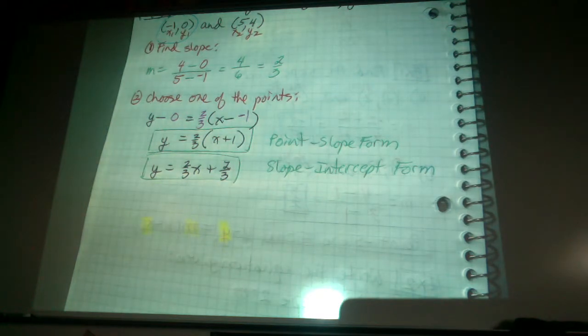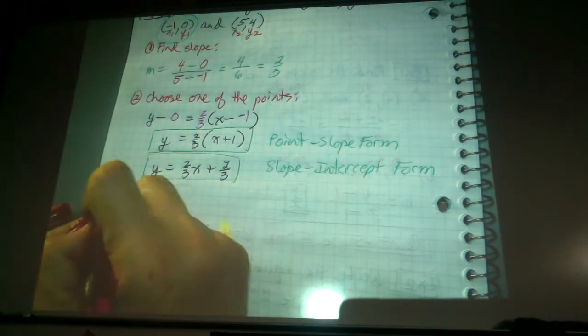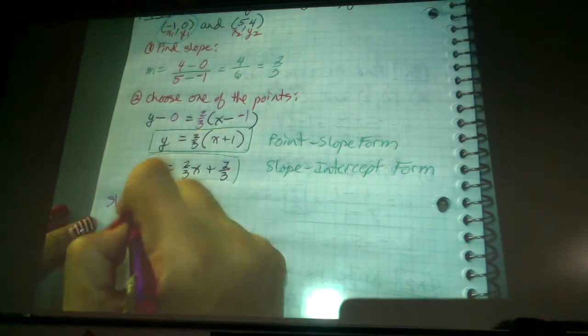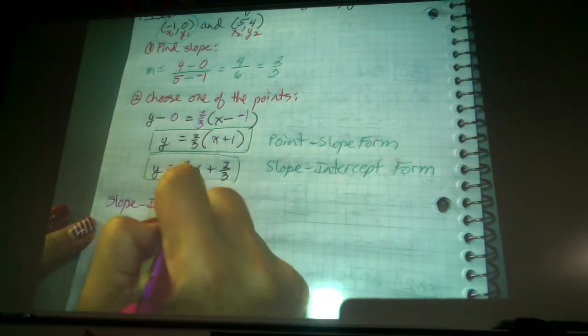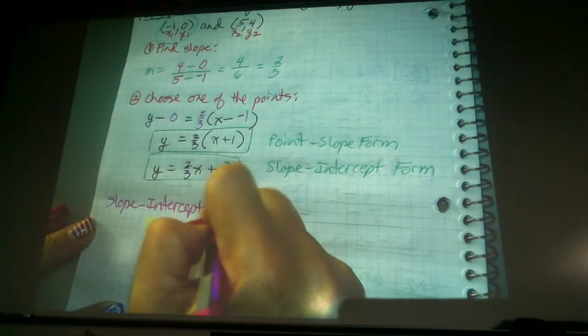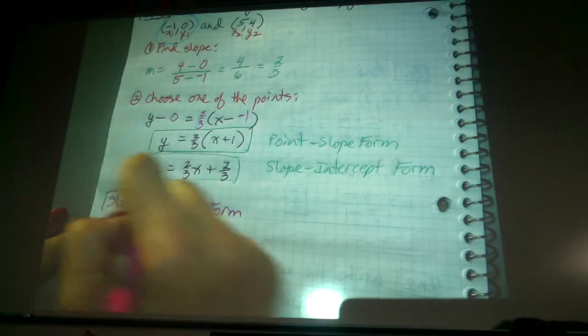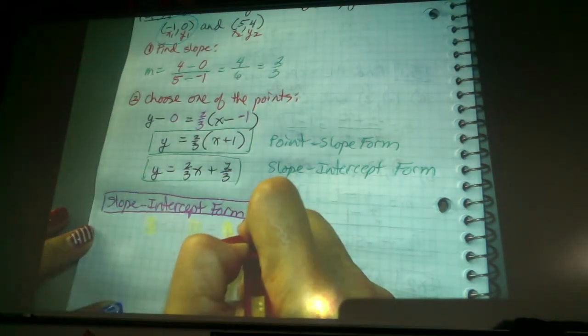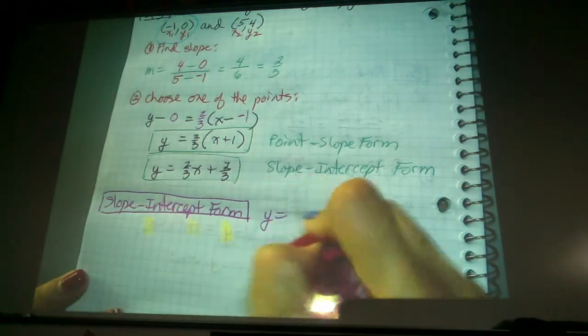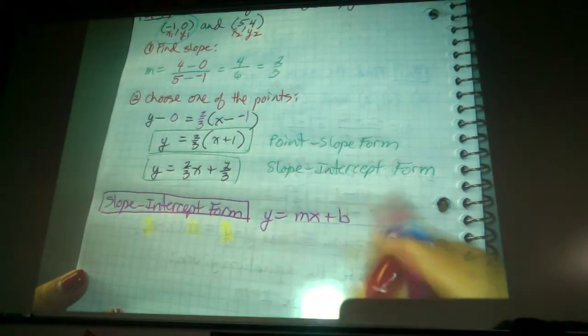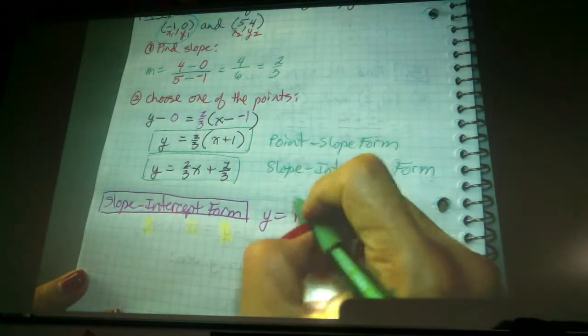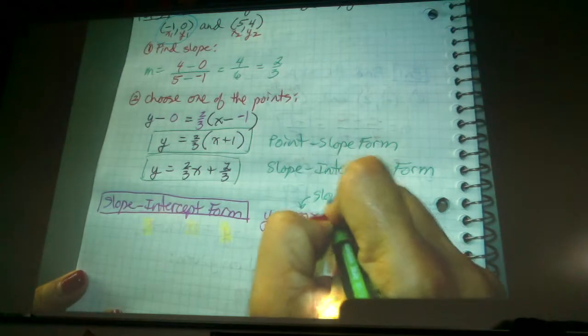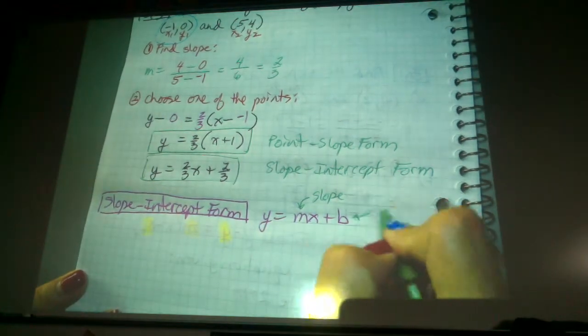So let's look at slope intercept form, just in case you don't know. Slope intercept form is exactly what it implies. You have slope and a y-intercept. So y equals mx plus b, where this is your slope and this is your y-intercept.